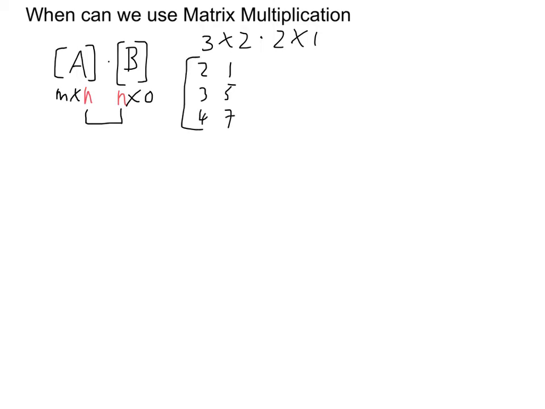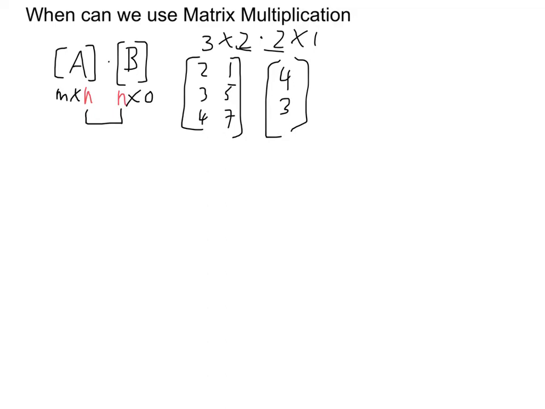That's a 3-row, 2-column matrix, times a 2-row, 1-column matrix, like 4, 3. We could multiply those two because the inner dimensions match. A 3-row, 2-column matrix times a 2-row, 1-column matrix does work.